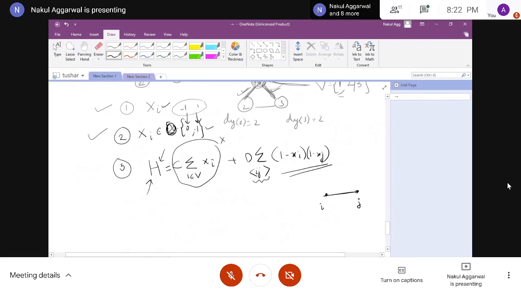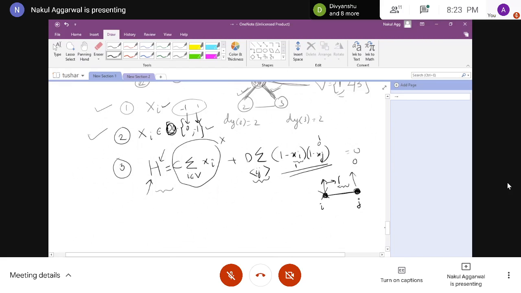Let's say you color i, by which I mean assigning value 1, which basically means it is in the vertex cover. If you do that, this will take value 1. Let's say you do not color the other one, so this will take value 0. Overall, this will have a contribution of 0. So right now it does not contribute to the energy. Similarly, if you also color the other node, it will again be 1 minus 1, which does not matter, again 0.